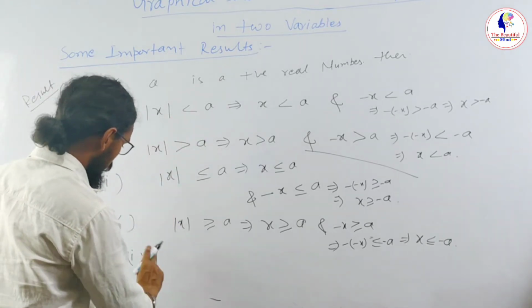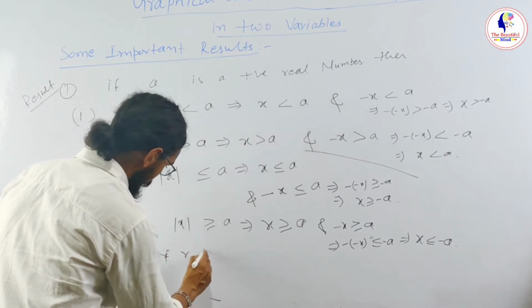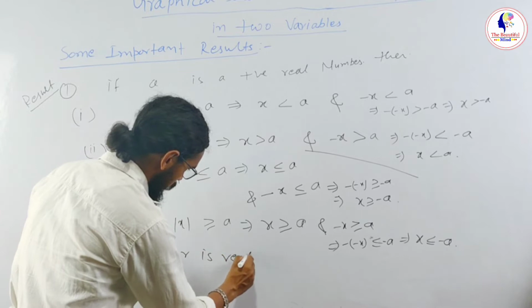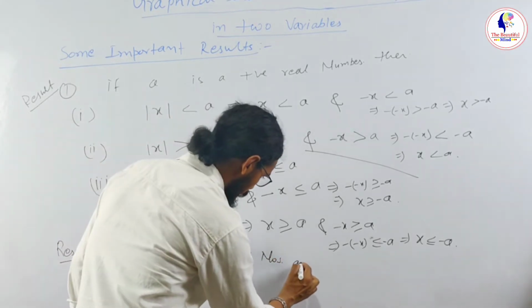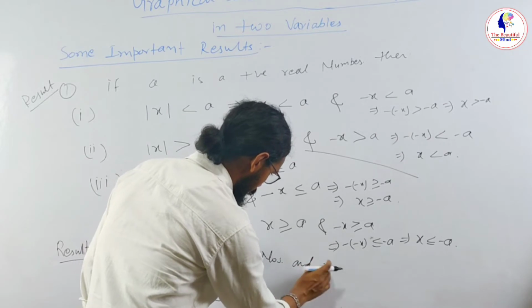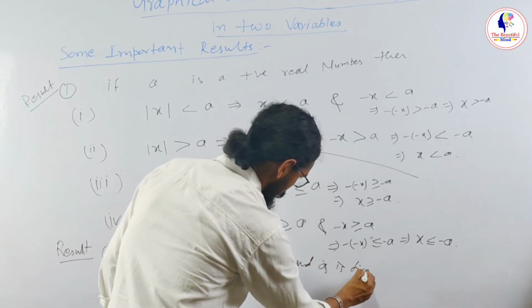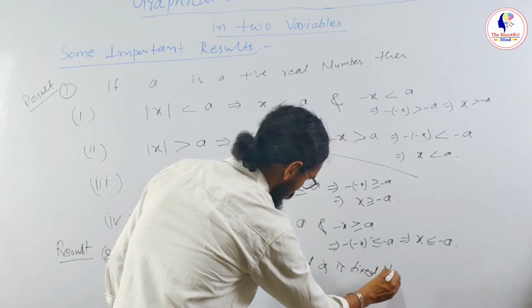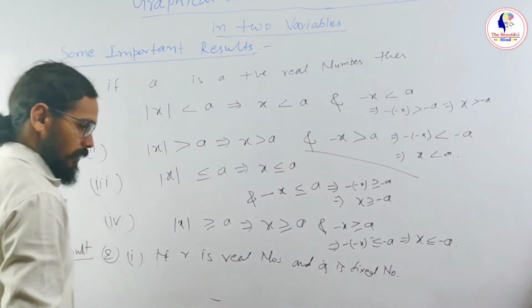Suppose this is, if r is a real number and a is a fixed number, then what will be?